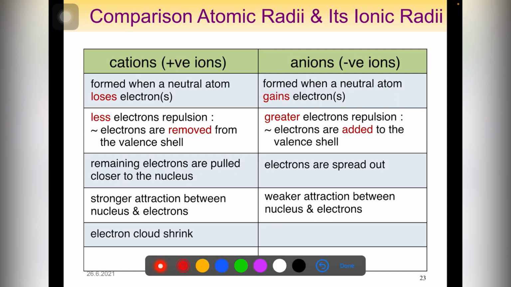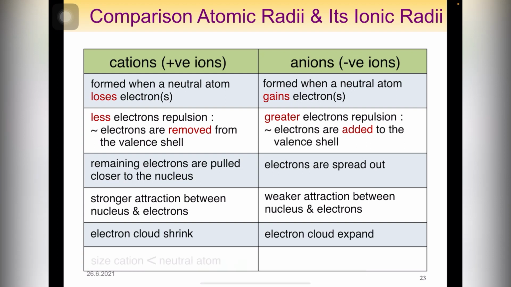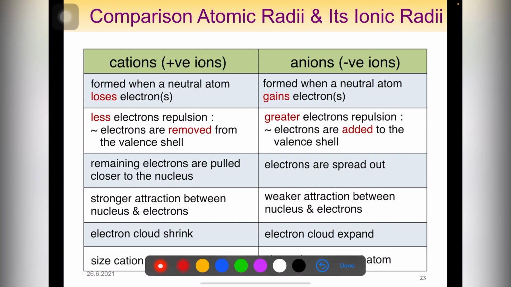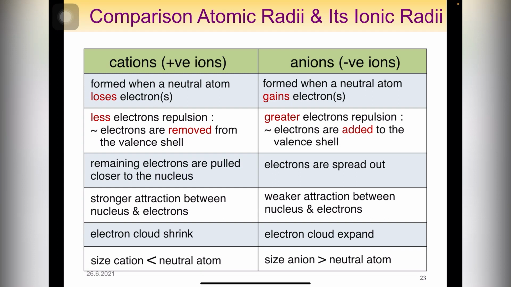Okay, what happens to the electron cloud for the cation? It will shrink, but the electron cloud for the anions will expand. And the last one, that's why cations are always smaller compared to the neutral atom, but anions are larger than the neutral atom.